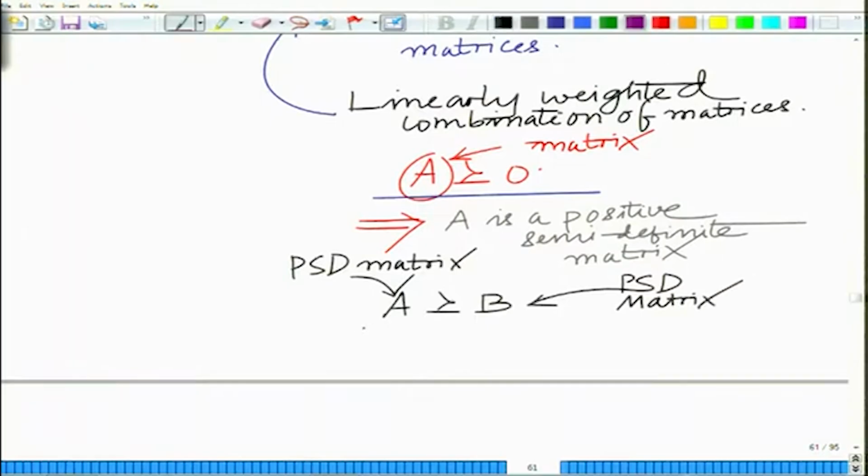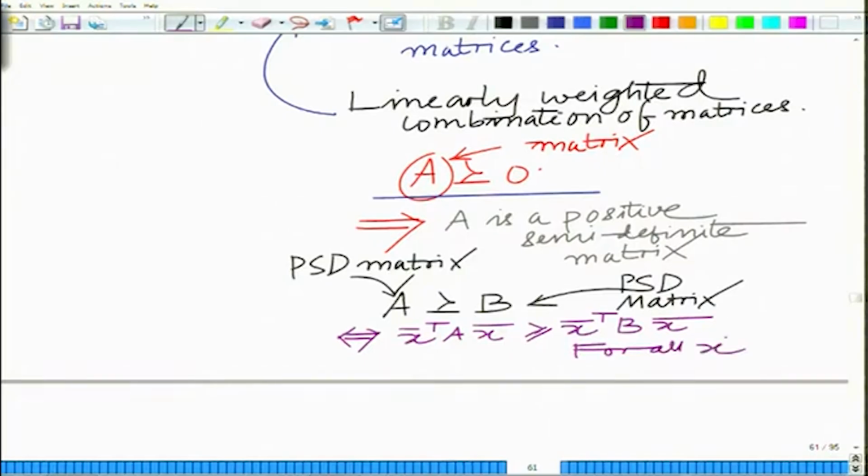We say A is greater than or equal to B if and only if x bar transpose A x bar is greater than or equal to x bar transpose B x bar for all x bar.